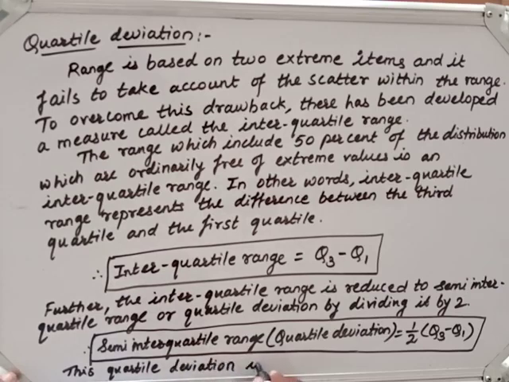Quartile deviation is an absolute measure of dispersion. This thing you should note.